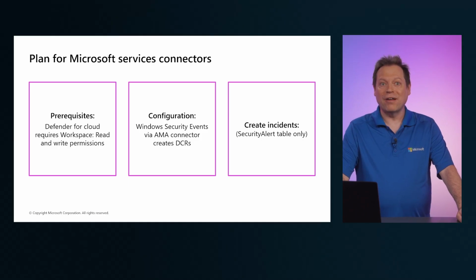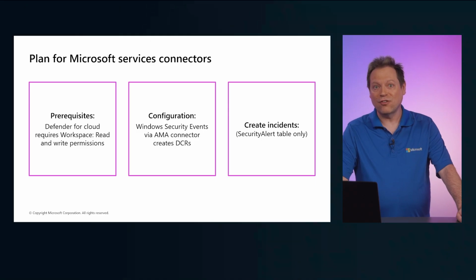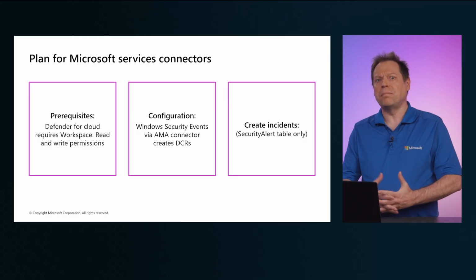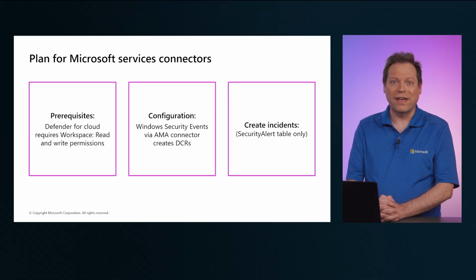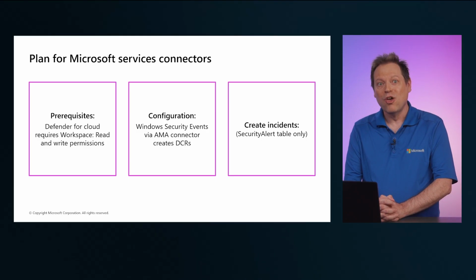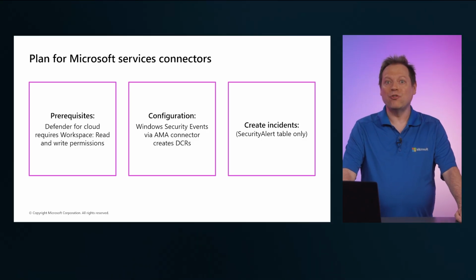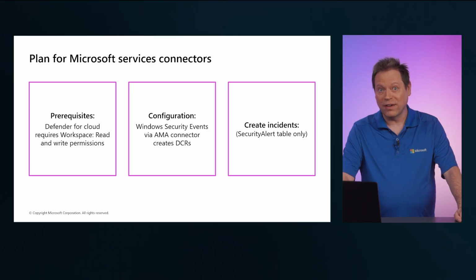And when we talk about incident creation, a common pattern is that incidents are created from alert data, often specifically from alerts stored in the security alert table. So understanding where alerts land helps you understand what can drive incidents.